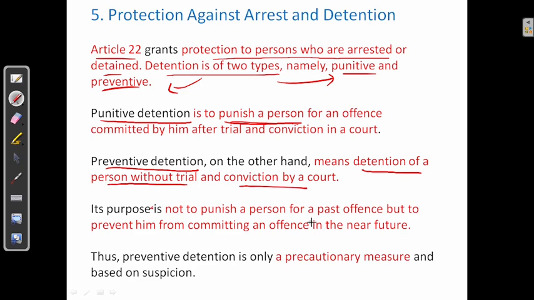The purpose of preventive detention is not to punish a person for his past offence but to prevent him from committing an offence in the near future. It is only a precautionary measure.